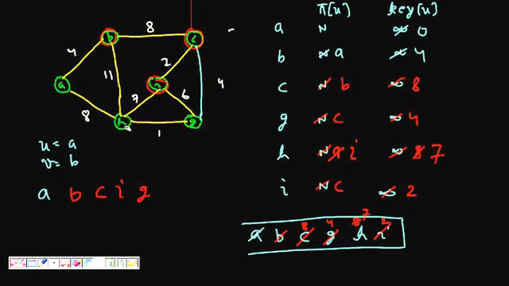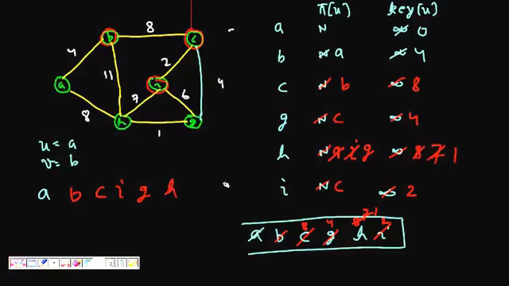The key of H is 7, but if we go from G to H, the weight of GH is 1, so H becomes a 1, and its parent becomes G. Okay, H is now the only thing left there, it also comes out.